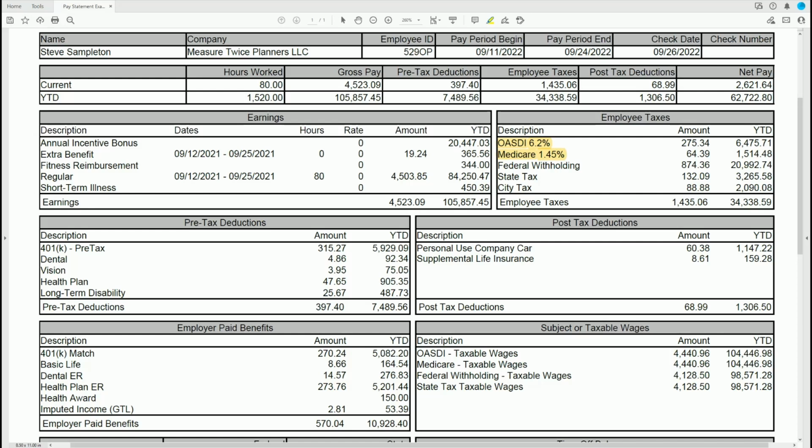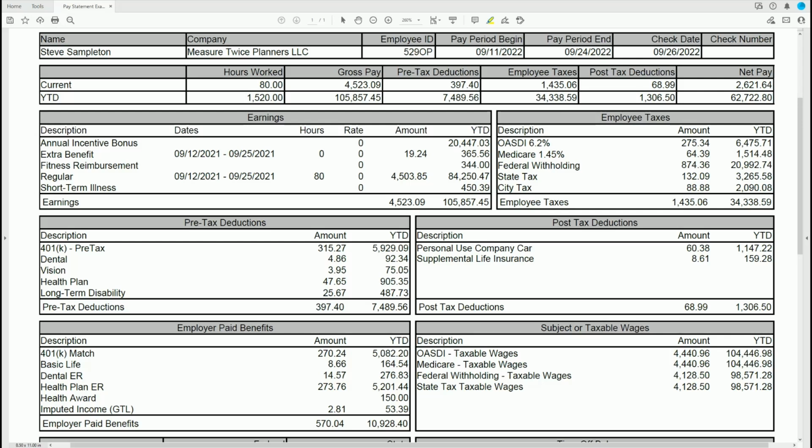The wages and taxes for Social Security will show up on Form W-2 in boxes 3 and 4. Earnings are also subject to a 2.9% Medicare tax, again split between the employer and employee at 1.45% each. A 0.9% additional Medicare tax is also imposed on earnings above certain thresholds.